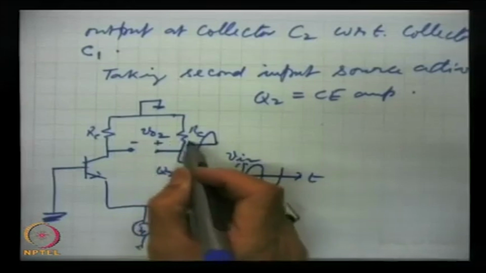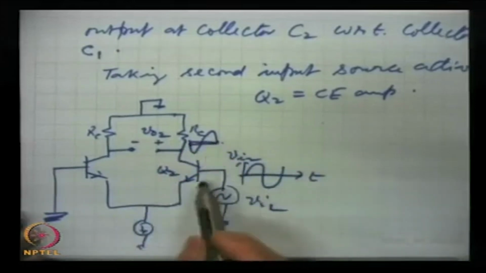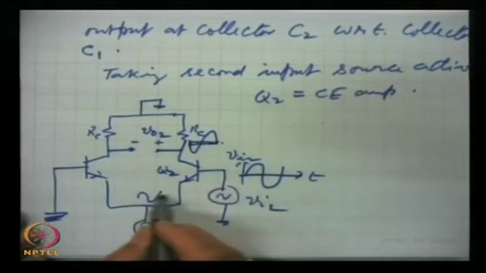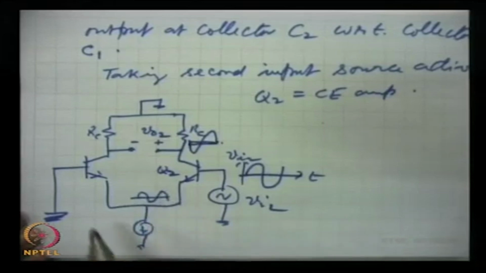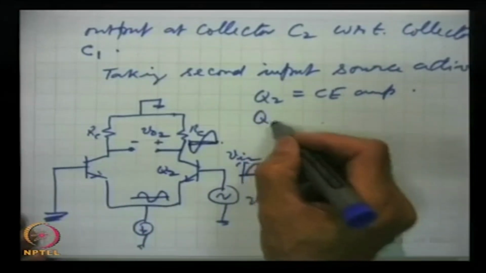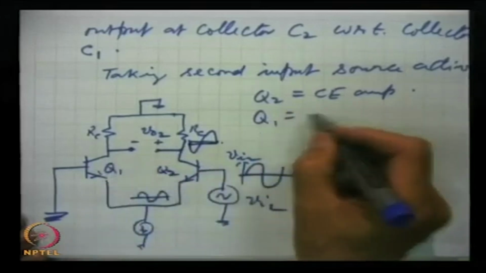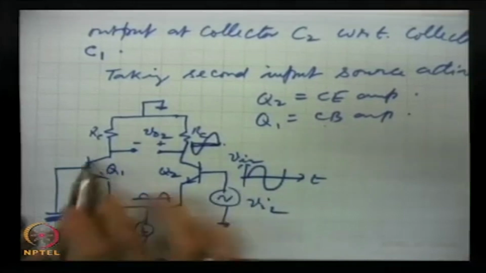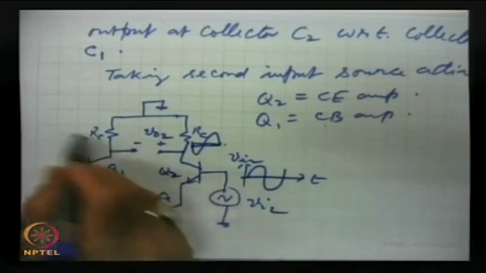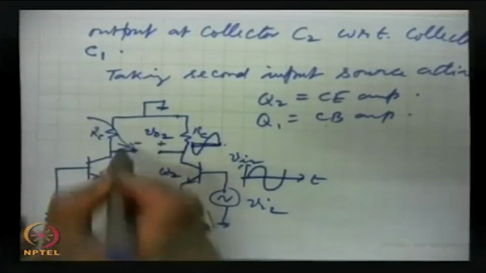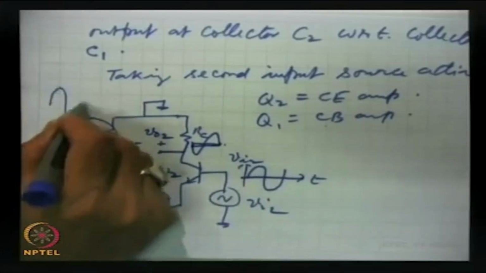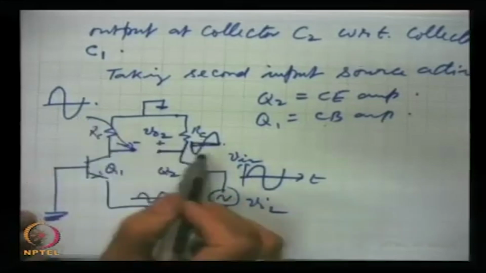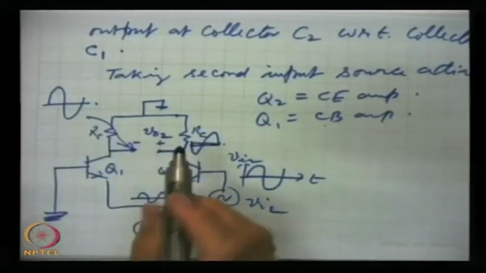This signal goes here, and now Q1 will be a CB amplifier, so without any inversion, the amplified signal will appear at this collector, like that. So when we sum up the two, remember this is C2.